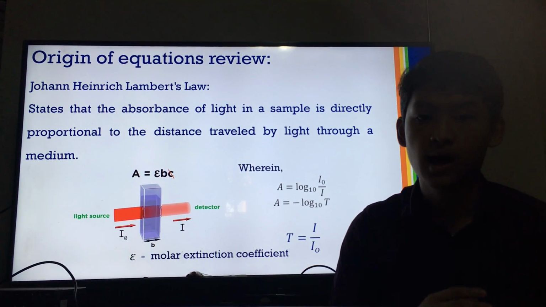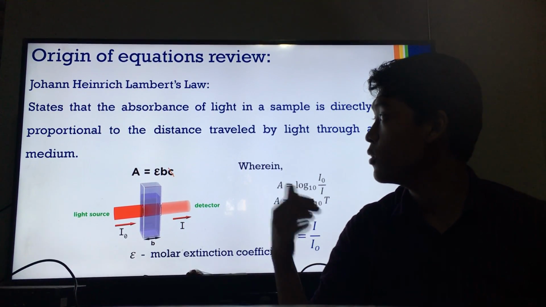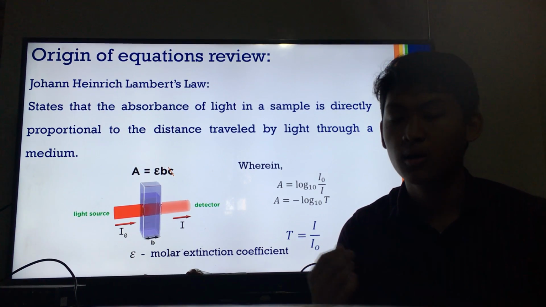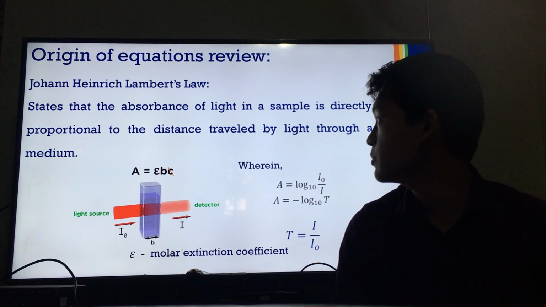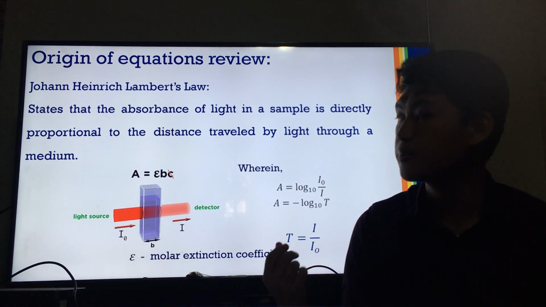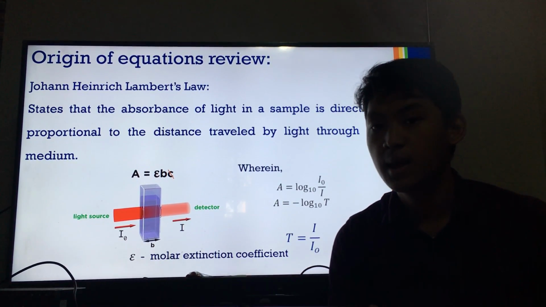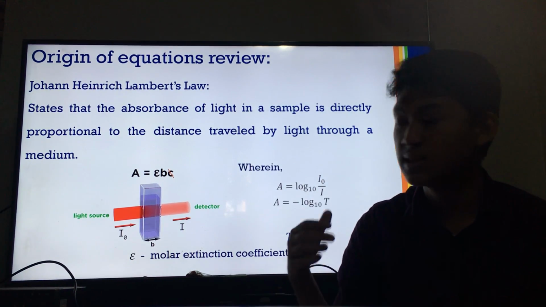The other law was by Johann Heinrich Lambert, or Lambert's law. It states that the absorbance of light in a sample is directly proportional to the distance traveled by light through a medium.